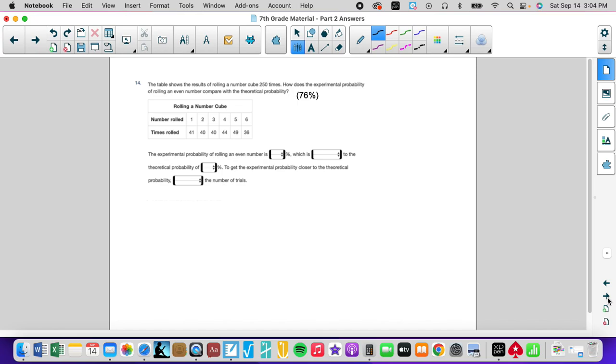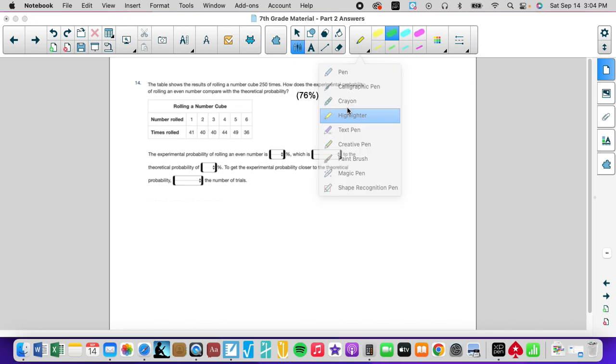Sometimes it'll go heads, heads, heads, heads, heads, heads, tails. But over a long duration, it's going to move closer and closer to that theoretical probability. Rarely does it stay on it. It'll fluctuate, it'll move up and down, but it'll always be moving back towards that theoretical. So let's look at even numbers.